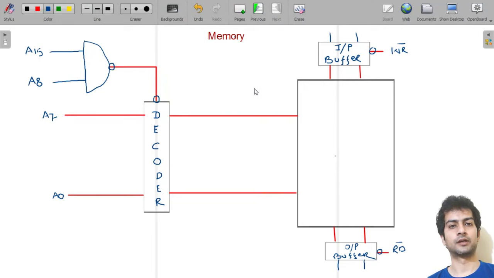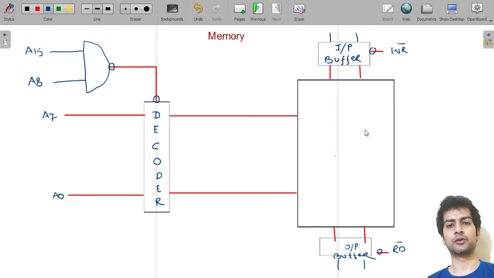Now coming to the discussion of memory. Here we will see what all components are interconnected to form a memory, and how memory works, how we fetch data from memory, and how we feed data into memory, and how these address lines are working, how this decoder is working, and what is the functionality of this input buffer and this output buffer.